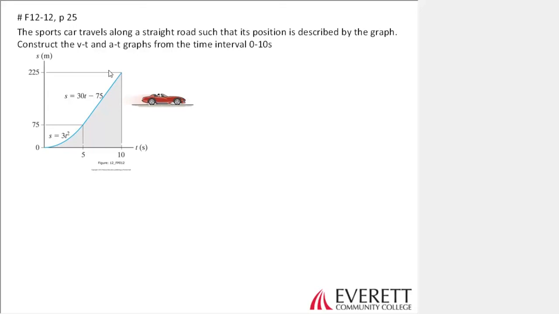So we'd start off with our givens. We are given nothing else but the ST graph. We want to find the VT and the AT. What's the relationship that we're going to use?